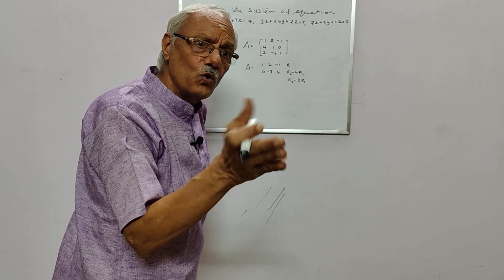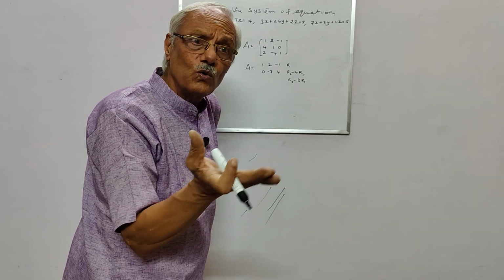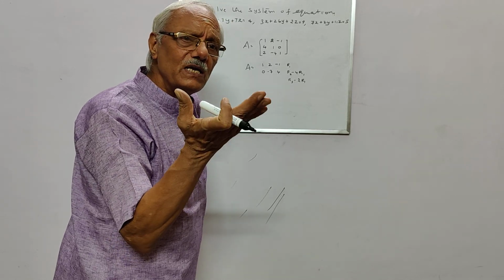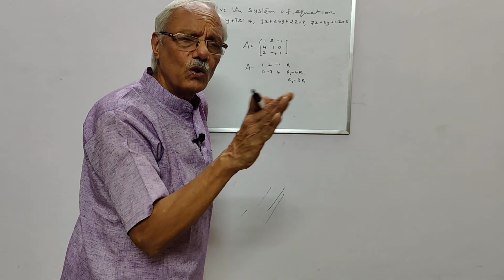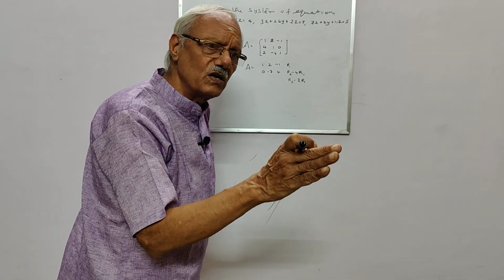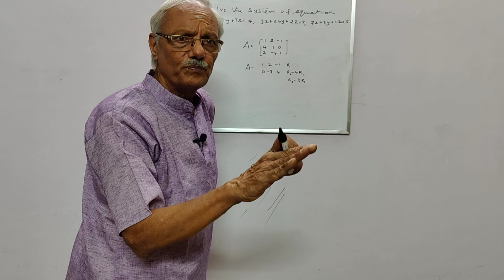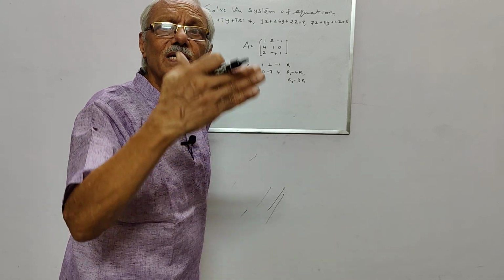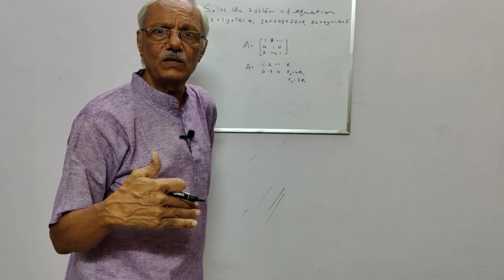That's why I told you that you can go for row or column operations, in the sense that you can interchange the rows, first row with second row, third row, to make the problem easy for you to get the triangular matrix. Are you able to catch?